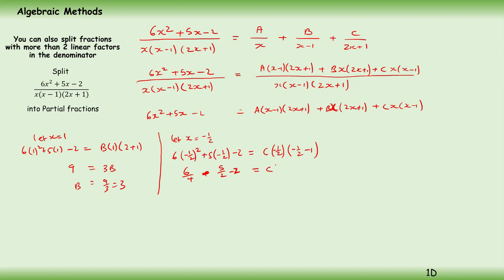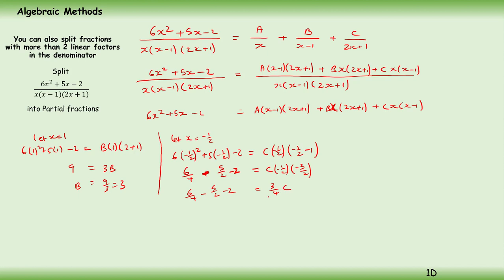C times minus a half times minus 3 over 2. So minus a half minus 1 is minus 3 over 2. So I've got 6 over 4 minus 5 over 2 minus 2 is equal to, minus times minus gives me plus, so that would be 3 over 4.